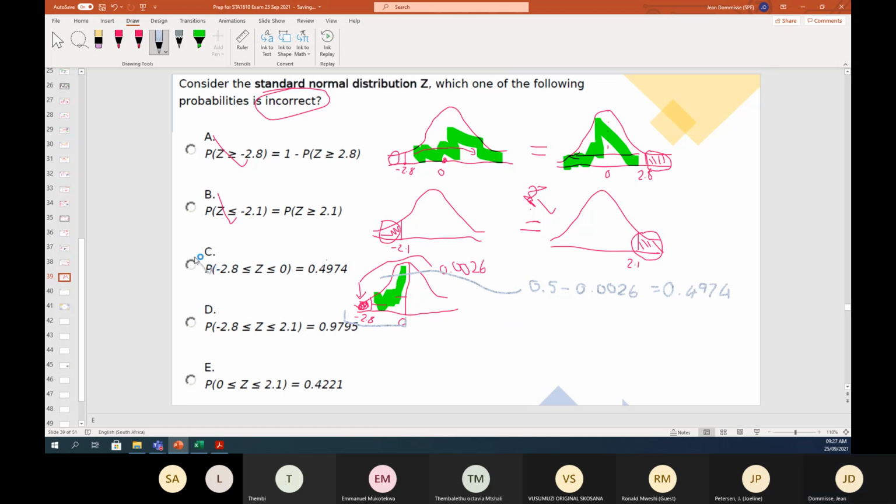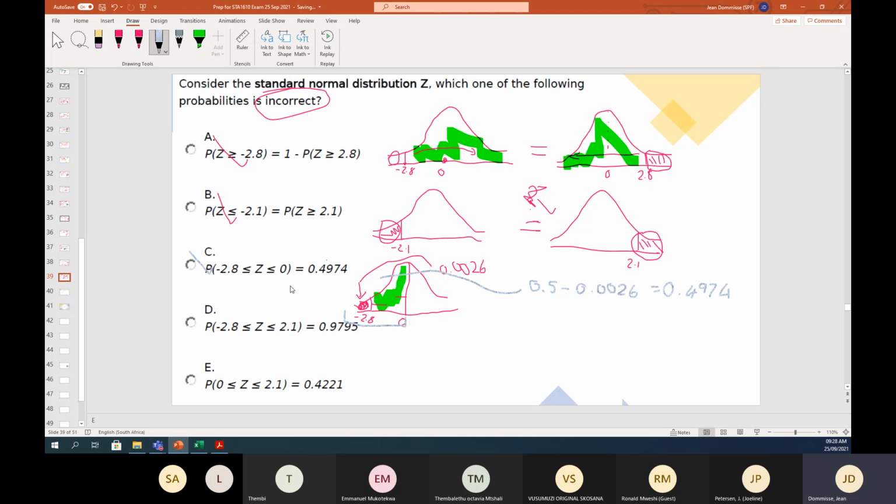4974, which is correct. So just following the principles again, for the Z that is smaller than 2.8, we go to the negative table. In the negative table, we get the 0,0026.